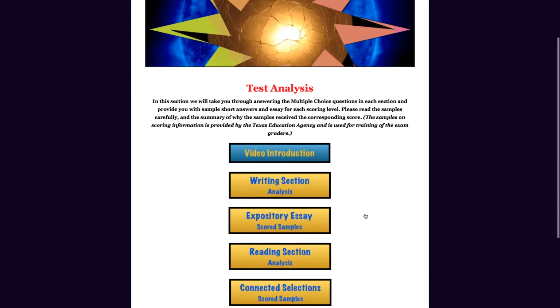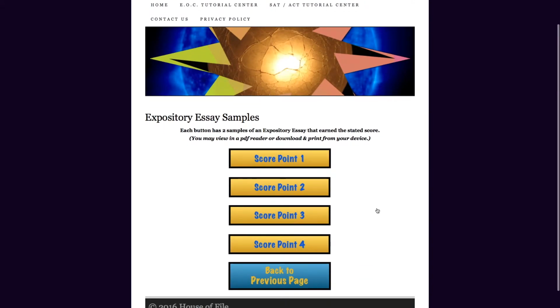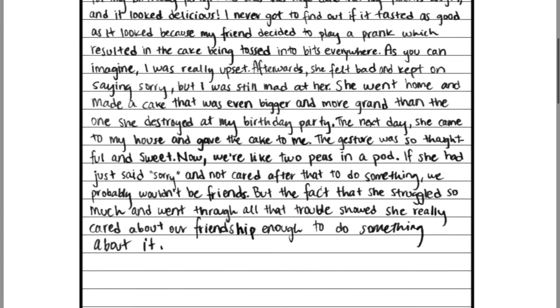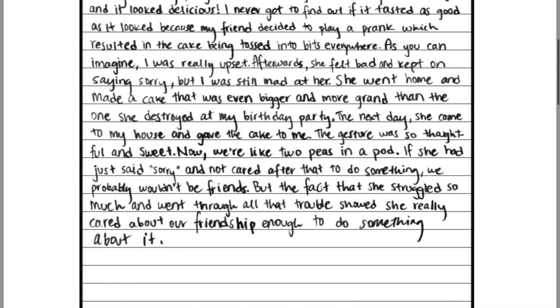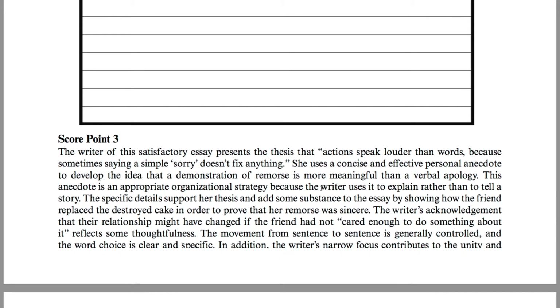Also, in our test analysis, we give you samples of the essay and of your short answers for the reading selection, connected selections, and the short answers. All of this, we break the samples up by their score points. So for example, if you go to score point 3, we will give you samples of essays in the past that have gotten a score point 3 and the reason that it was scored that way.